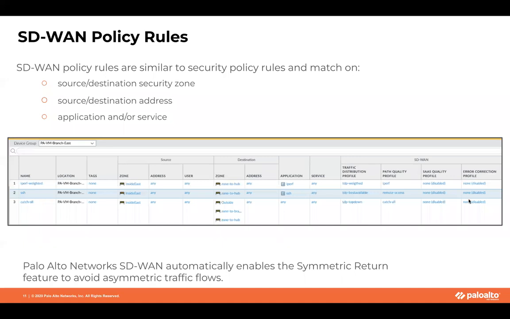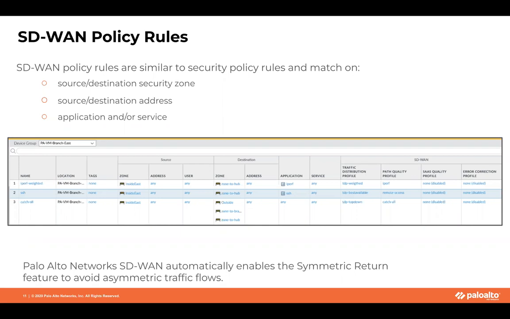Once it determines the appropriate path, a couple of other things happen on the back end once we send that session down it, like enabling symmetric return. To prevent any type of asymmetric routing, by default we enable symmetric return on any traffic between two Palo Alto firewalls in the SD-WAN environment.